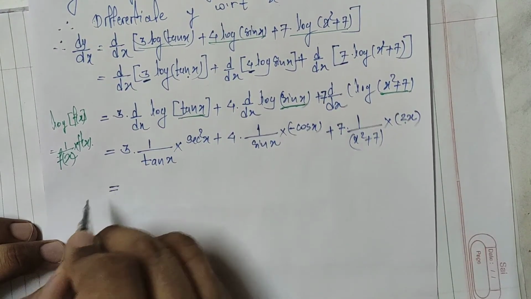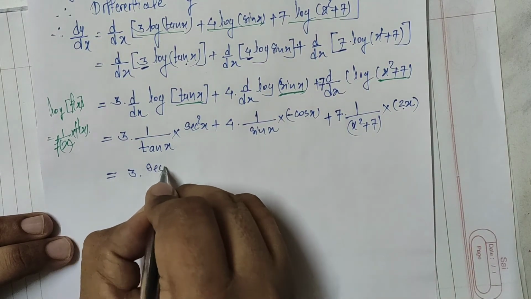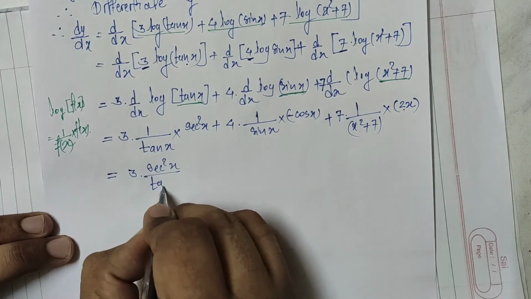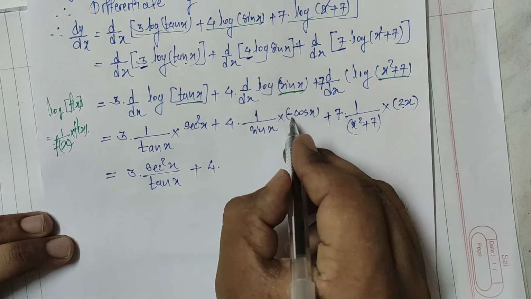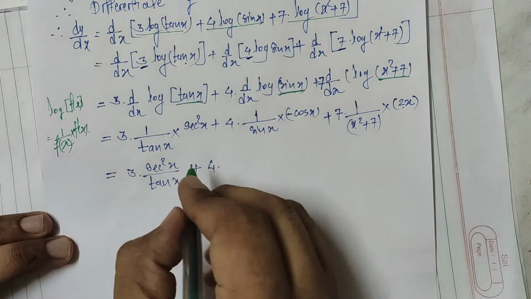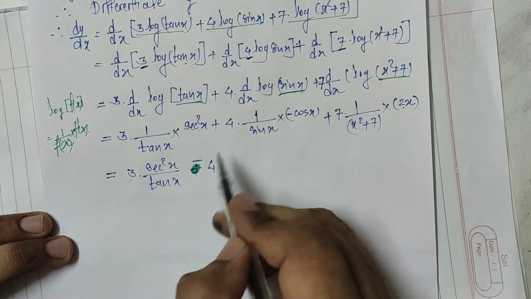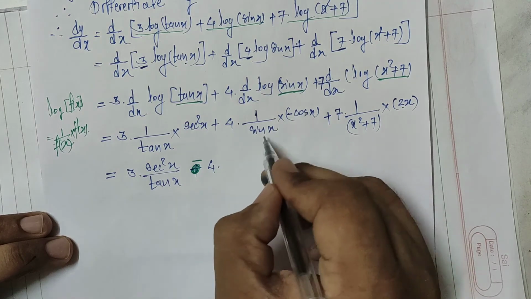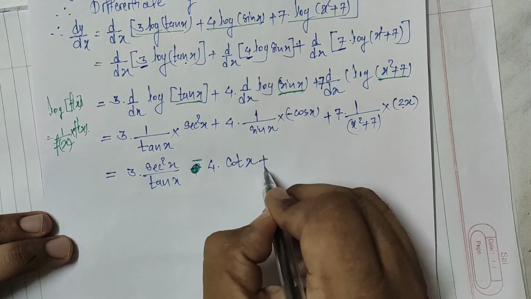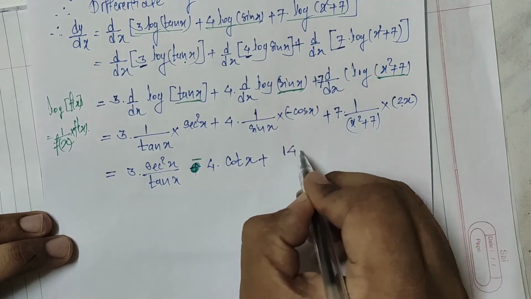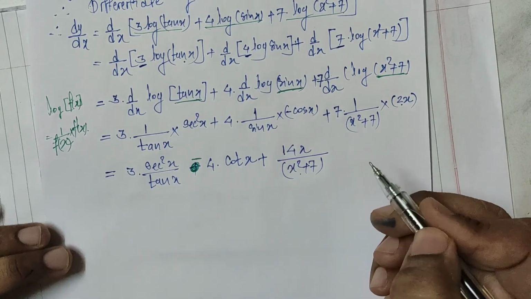Then just the calculation part. 3 as it is, 3 into sec square x upon tan x. 4, here it is minus, so plus into minus becomes minus 4, cos upon sin, cos x upon sin x means cot x, plus 7 into 2x upon x square plus 7.